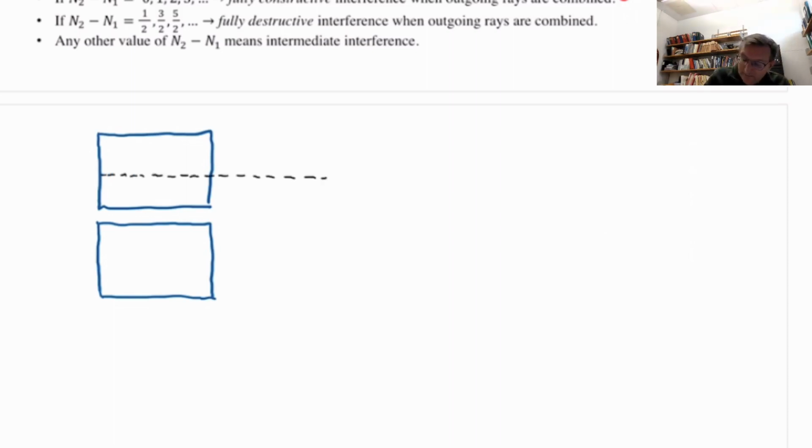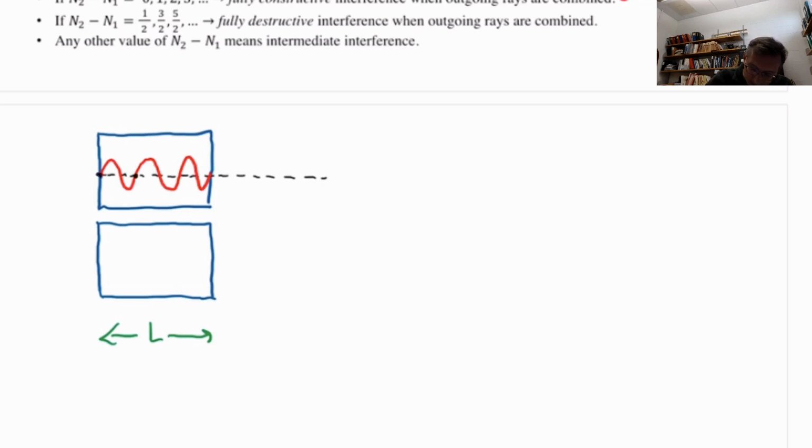And let's say that in the upper block, the wavelength is pretty short, and that we can fit exactly, if I can get it to work, 3 wavelengths in this length L. So let me try. All right, starting there.